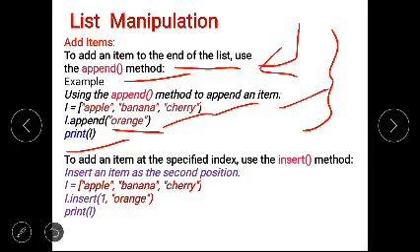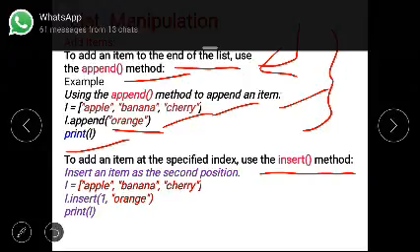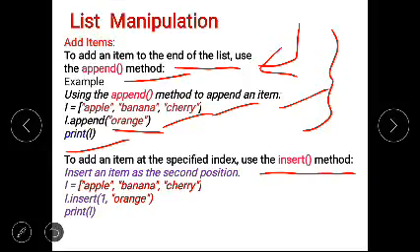But if you want to add the item at a particular index number, then you will have to use the insert method, to insert an item at the second position. Suppose you want to insert the item at second position, which means at index number 1. Suppose this is your list L equals apple, banana, cherry, and then L dot insert 1, orange.